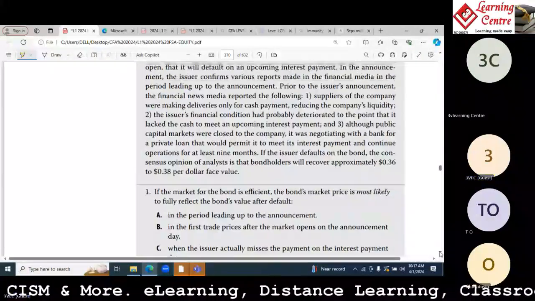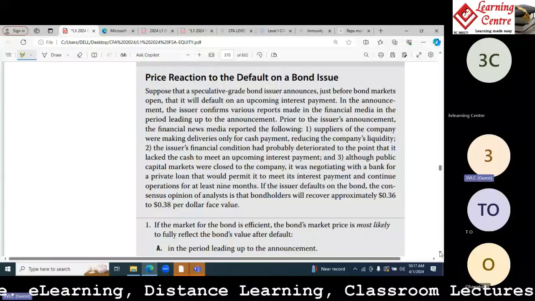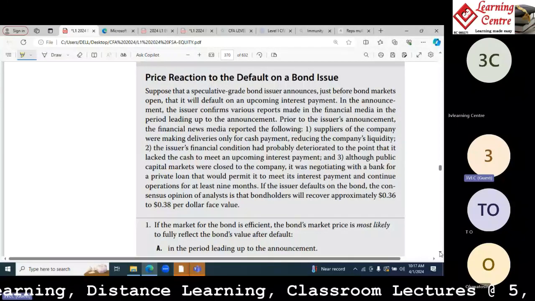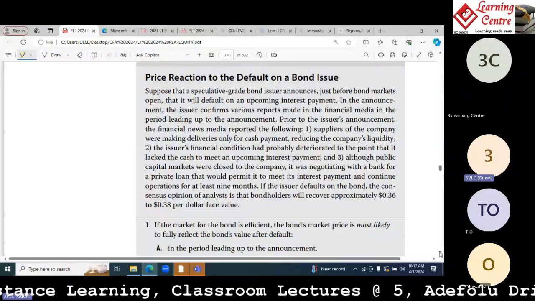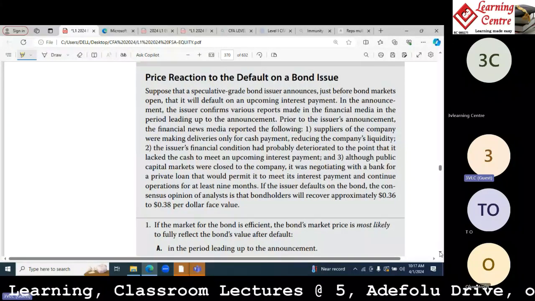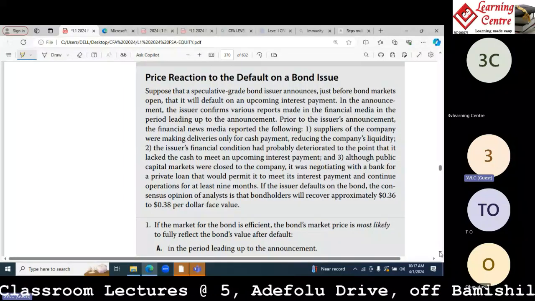So this is an example here. Suppose that a speculative grade bond issuer announces just before bond market open that it will default on an upcoming interest payment. That is a surprise. Now, it might not be a surprise, and I'll explain why.